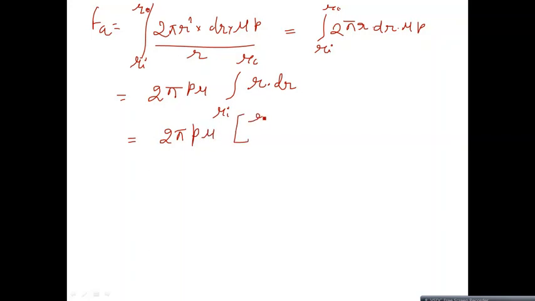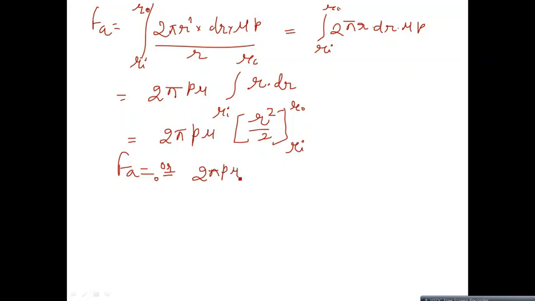Now take the constant terms outside, 2 pi p as well as mu. The variable terms are only r into dr.